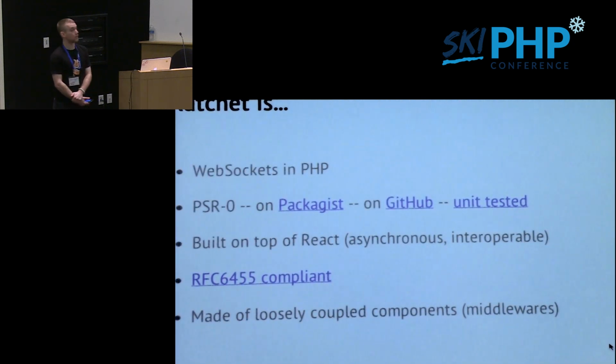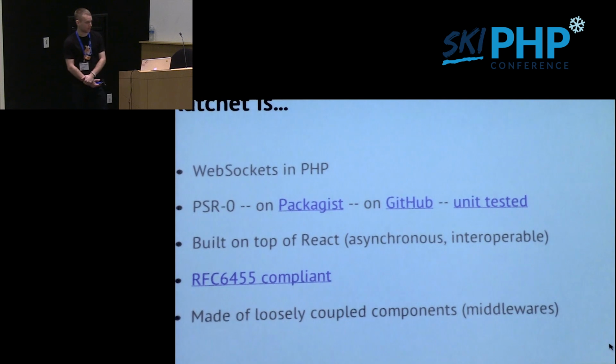So Ratchet is WebSockets in PHP. It's PSR 1 and 0 compliant, but not 2. It's on Packagist, on GitHub, and it is unit tested, it is Autobahn tested, and it is integration tested. So that should make Grumpy happy up there.